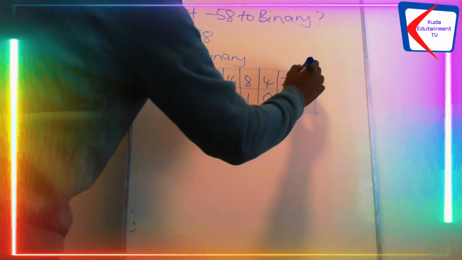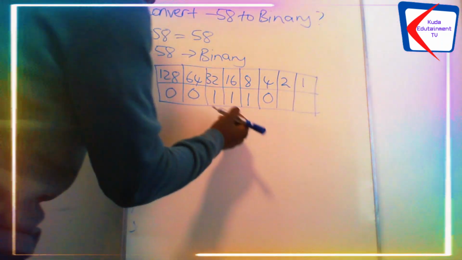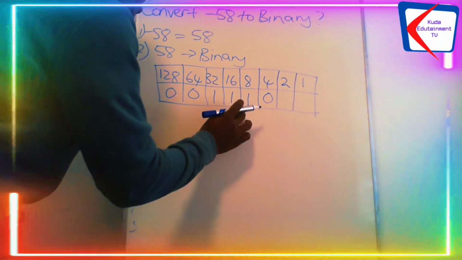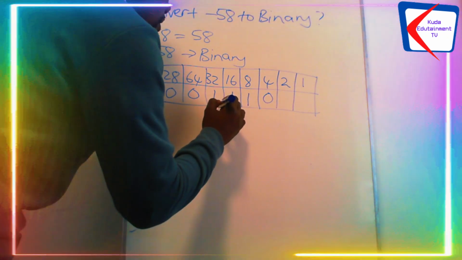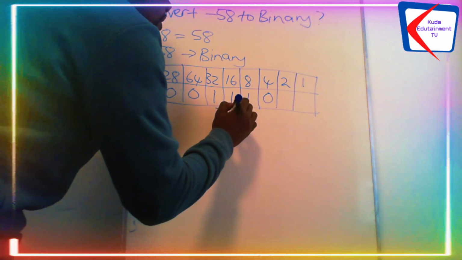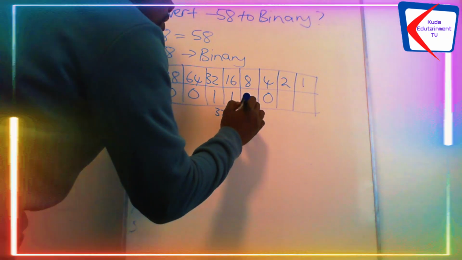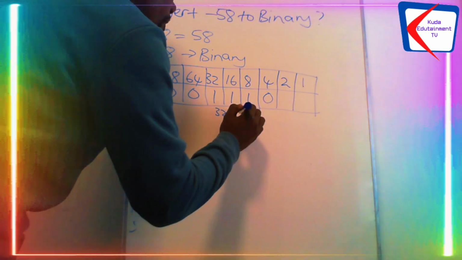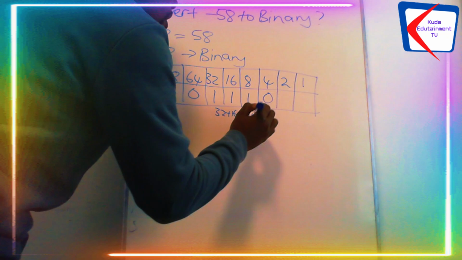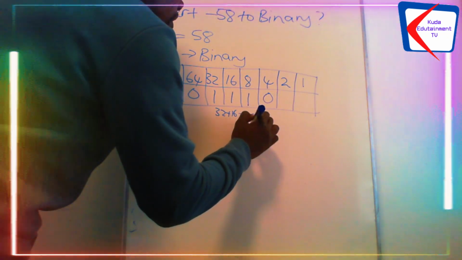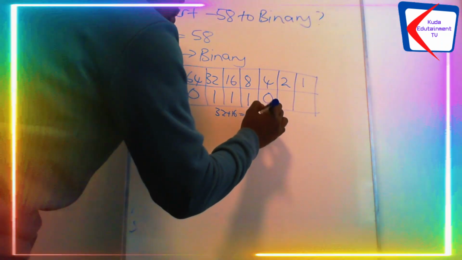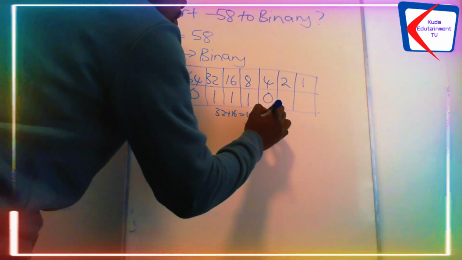Let me put the accumulating figures here so that you see. Here we have 32 plus 16, which is 48. Then 48 plus 8 gives us 56.